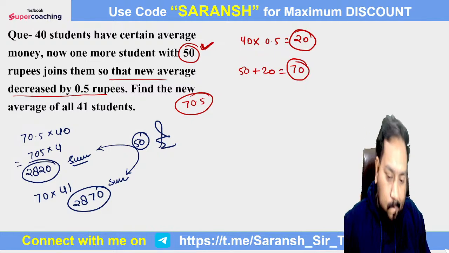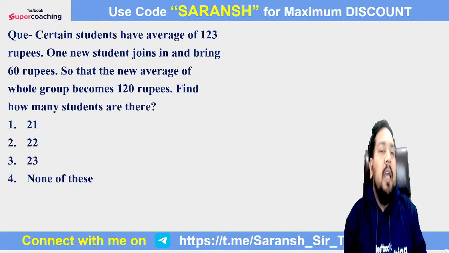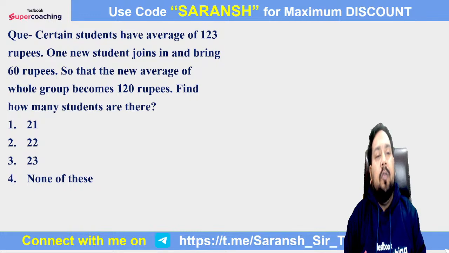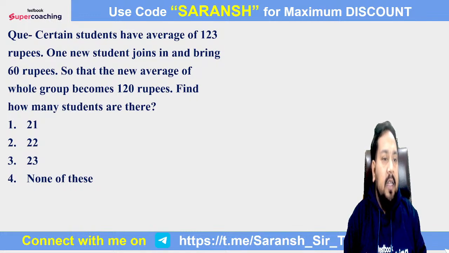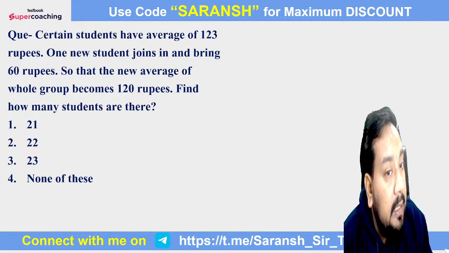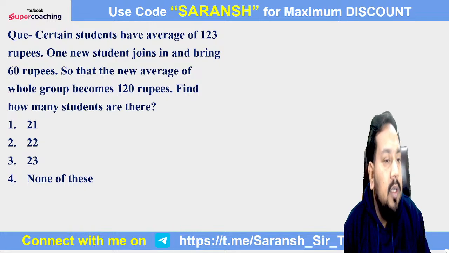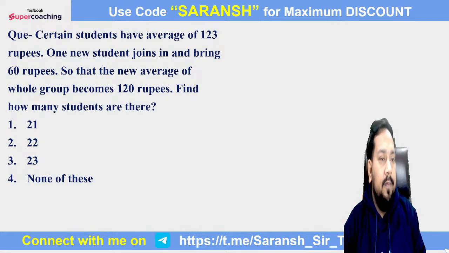Now, the next question. Certain students have an average of 123 rupees. One new student joins and brings 60 rupees, so that the new average of the whole group becomes 120 rupees. How many students are there?